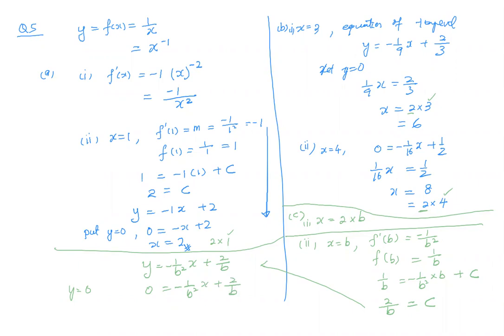So 1 over b squared x is equal to 2 over b. So x equal to 2 times b, done. That is how you prove the conjecture. Would that be okay? So I told you already, proof conjecture is not difficult. You just have to be patient, follow the very first one that you do.